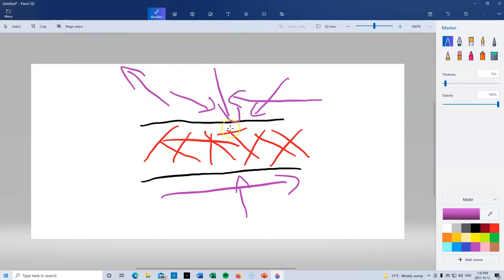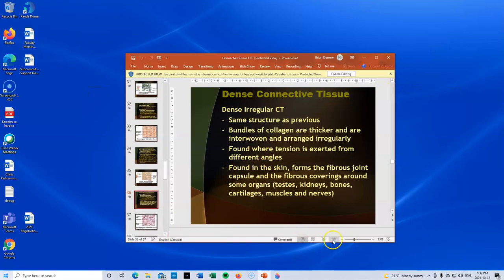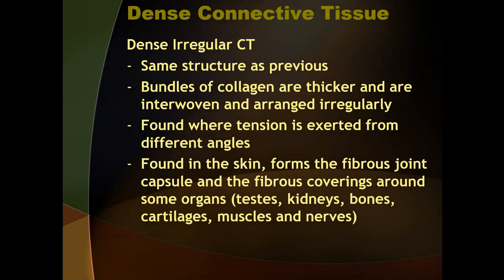Okay? With this being irregular, a multitude of stresses can be placed on this tissue, and it will be strong in all of them. So, we say that it's the same structure as regular, except that the bundles of collagen are a bit thicker and are interwoven and arranged irregularly.